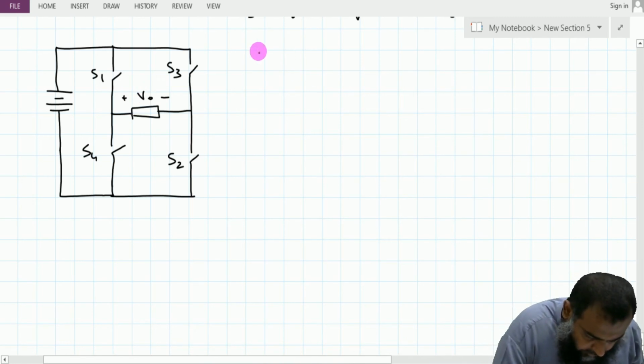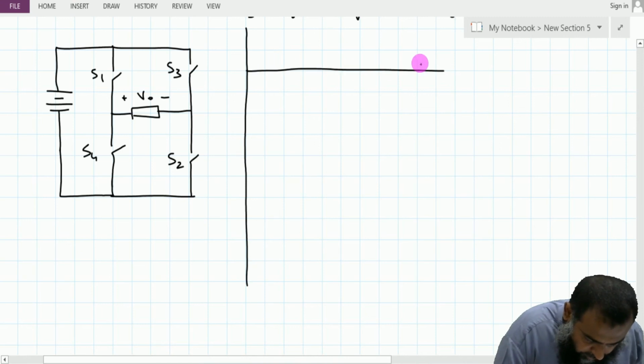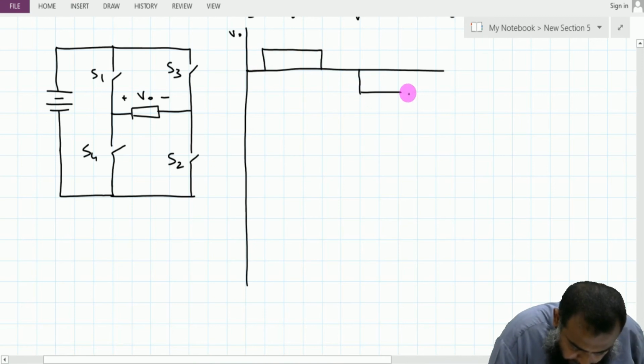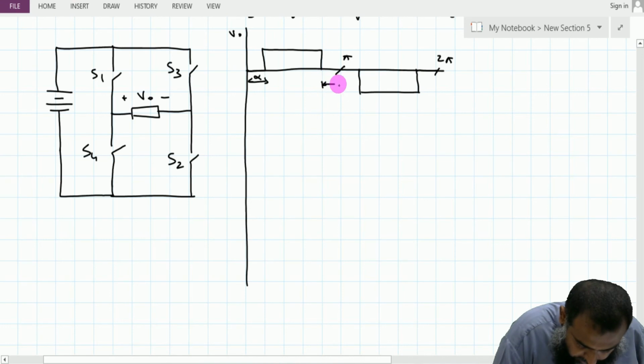So here we have an output voltage V0. This is pi, this is 2 pi, this is alpha, this is also alpha.